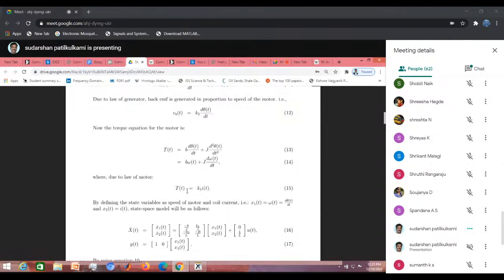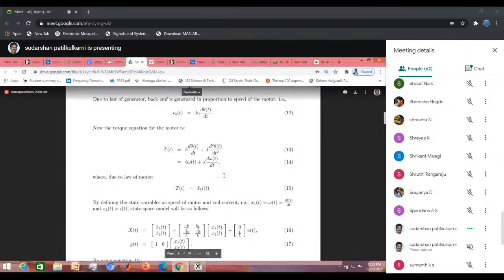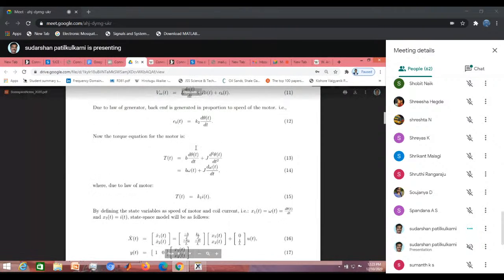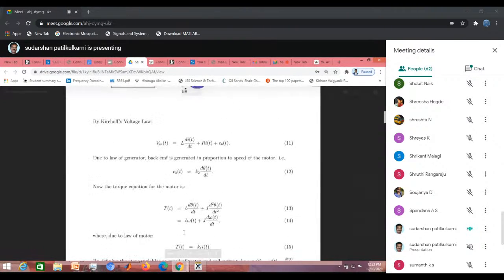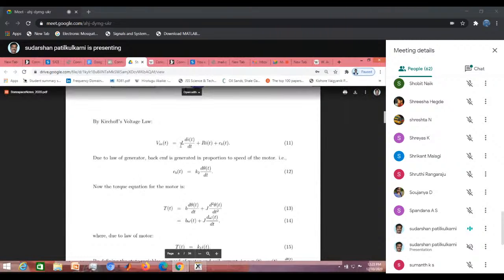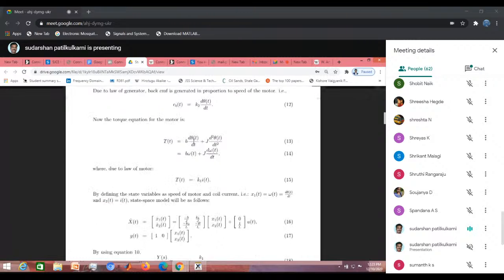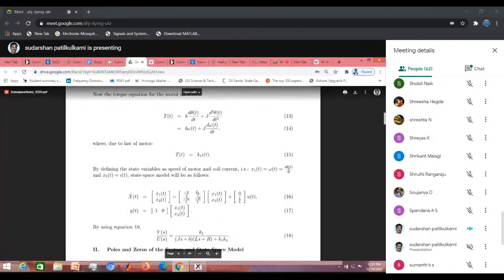Followed? That is, if you are considering the angular velocity, then you have the first order differential equation here, one first order differential equation with respect to torque, another first order differential equation with respect to voltage. So two first order differential equations. Therefore, define two state variables.